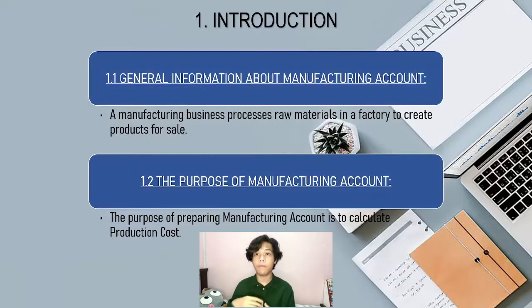The purpose of preparing manufacturing account is to calculate production costs. It is sometimes prepared to indicate if the factory made a profit or a loss in manufacturing. The determination of manufacturing profit or loss will aid the manufacturer in determining whether or not to produce its own items. Now, I will share to all of you our background company.